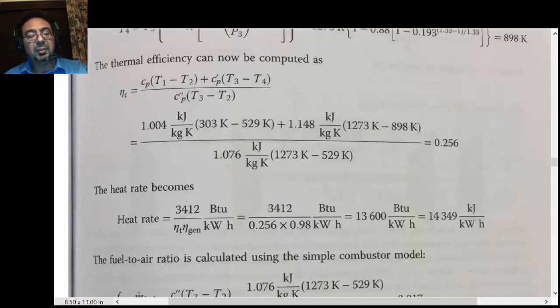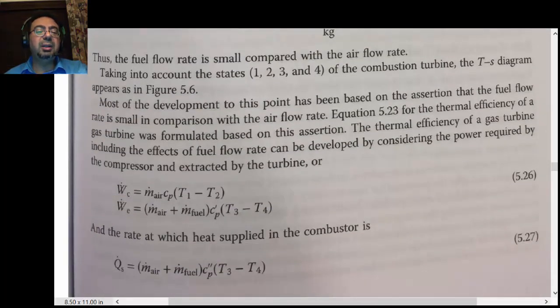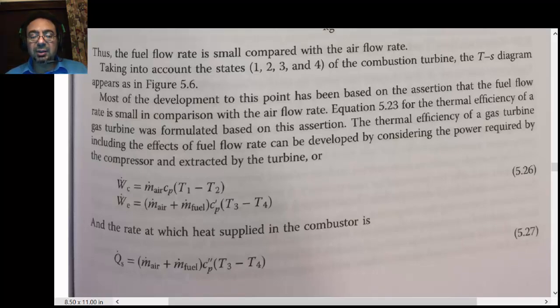So that's why you don't see m dot in any one of those three terms. What happened over here is that he said, wait a minute, the turbine has a different m dot, m dot air plus m dot fuel. How high? Again 2%. So you can basically just say this is m dot air multiplied by 1.02, but that makes it a little bit more accurate, right?